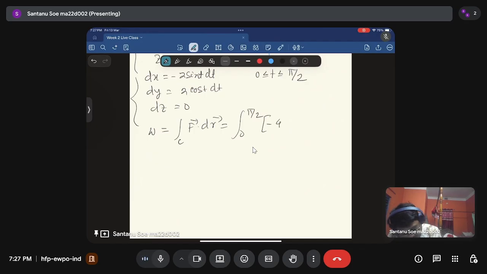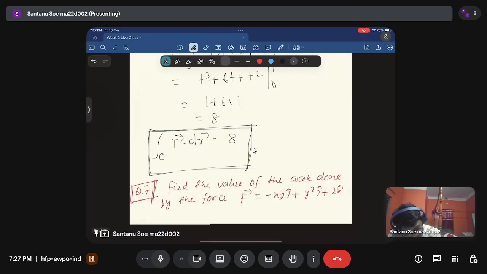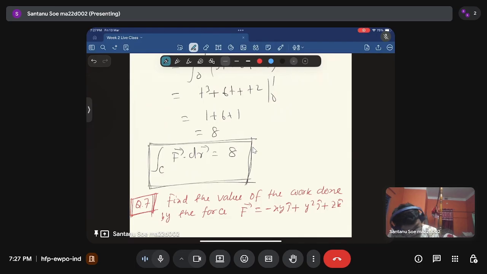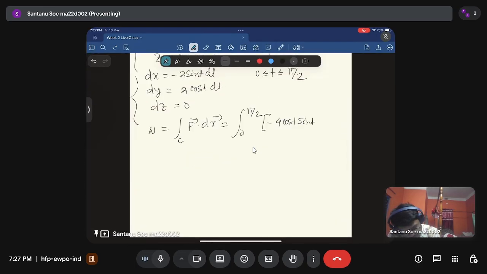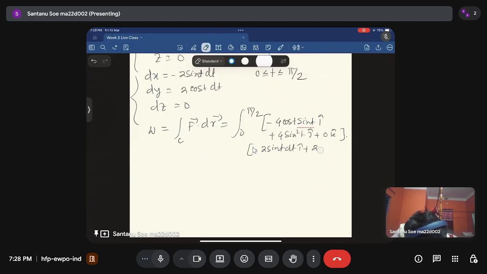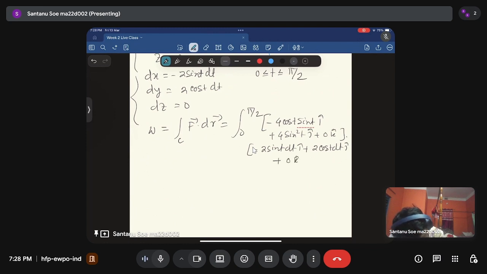Because F is minus xy i plus y square j plus z k, this will be minus 4 cos t sin t i cap plus 4 sin square t j cap plus 0 k cap, dot minus 2 sin t dt i cap plus 2 cos t dt j cap plus 0 k cap.